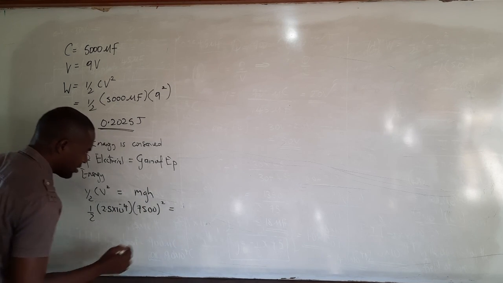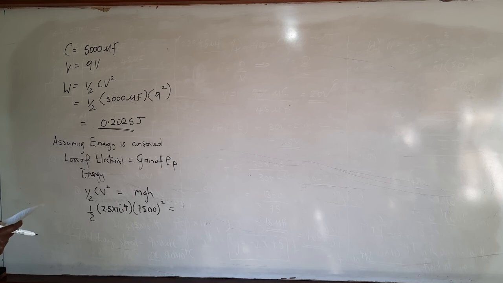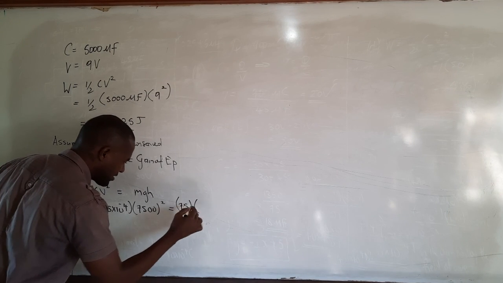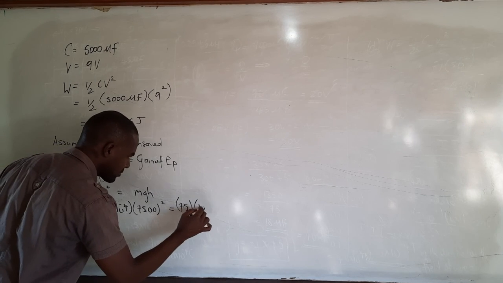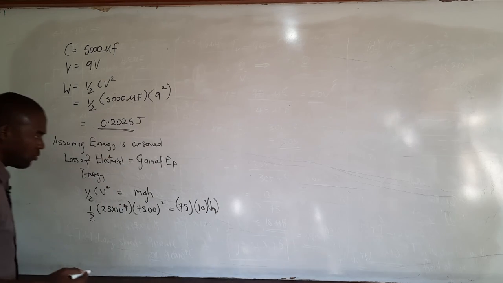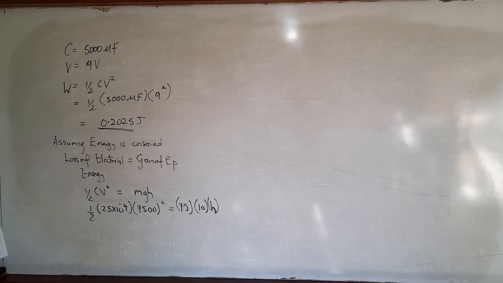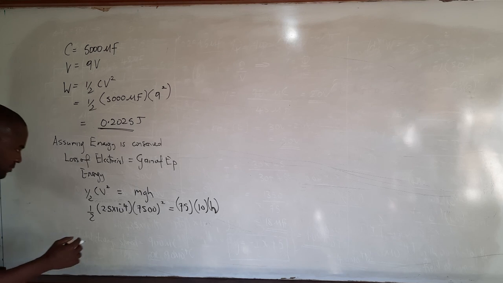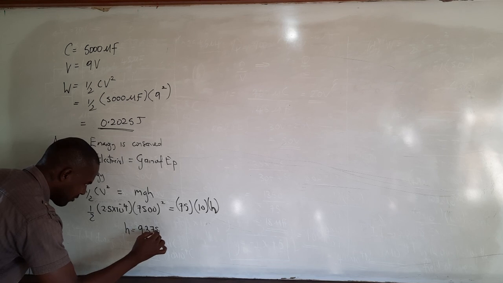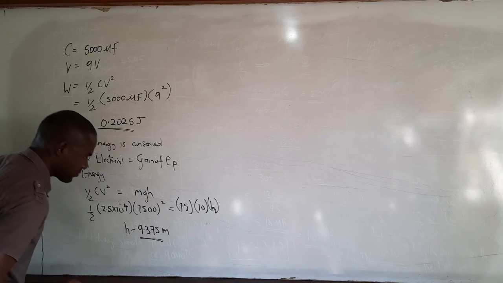And this will be equal to the mass of the man, which is 75 kilograms, times g, which for simplicity we're using as 10, times height h, right? The only unknown in the equation is h, and this should work out to give a height of 9.375 meters. So h is equal to 9.375 meters.